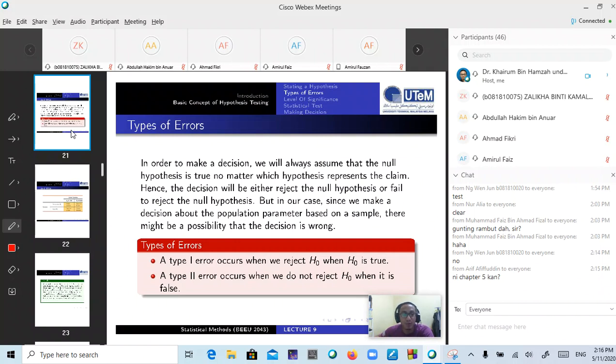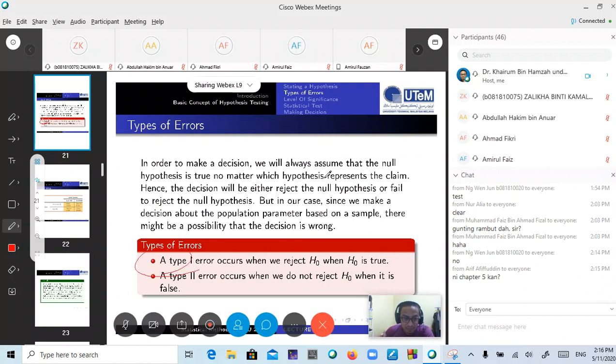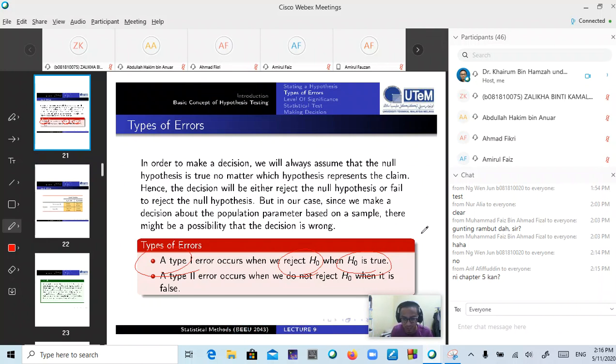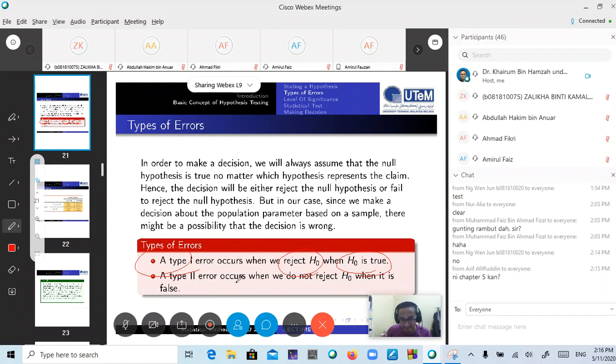Okay, what is a type 1 error? Type 1 error occurs when we reject H0, but H0 is true. Actually, in the real situation, H0 is true, but our calculation showed that we need to reject H0. So that's why we call it type 1 error.